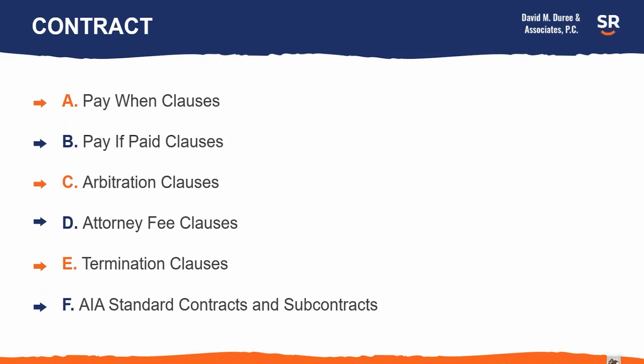Arbitration clauses, a lot of standard construction contracts have arbitration clauses. There's a little bit of a built-in bias by any arbitration organization and arbitrator in favor of the party that controls the issuance of the contracts.